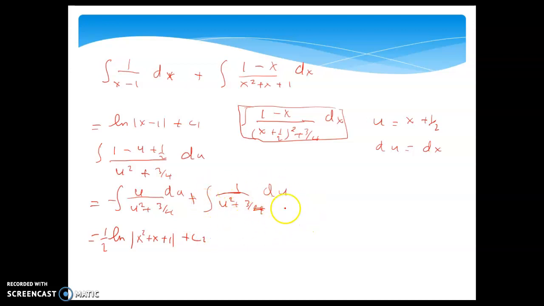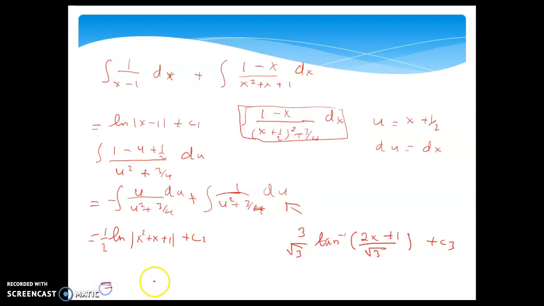And then the integral of this one is going to give me some sort of a tan function: 3 over the square root of 3 tangent inverse of 2x plus 1 over the square root of 3. This is plus c3.